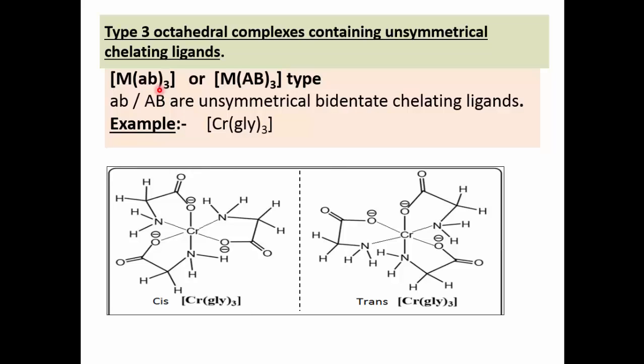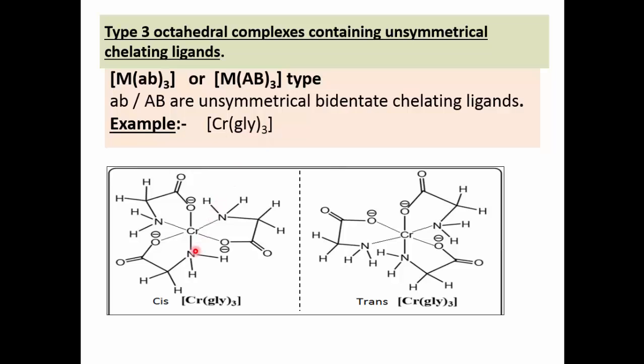When unsymmetrical bidentate ligand attaches to metal ion, again there is formation of heterocyclic ring, there is formation of a chelate, and therefore these ligands are called chelating ligands. Example is Cr(glycine)3. Chromium is coordinated to glycine ligand.